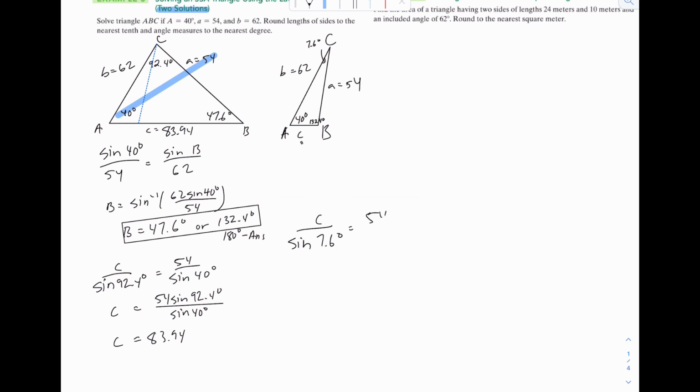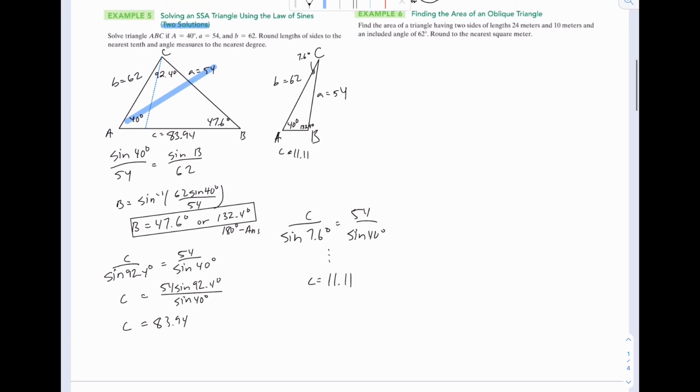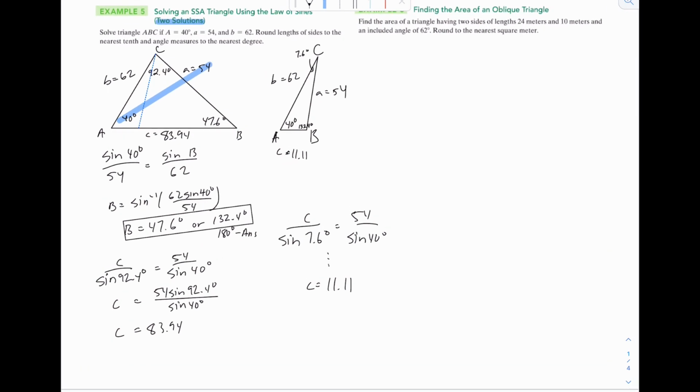That's equal to 54 over sine 40. Let's work it out, and you get 11.11. So let's move that down there. And there's our two triangles that are possible.